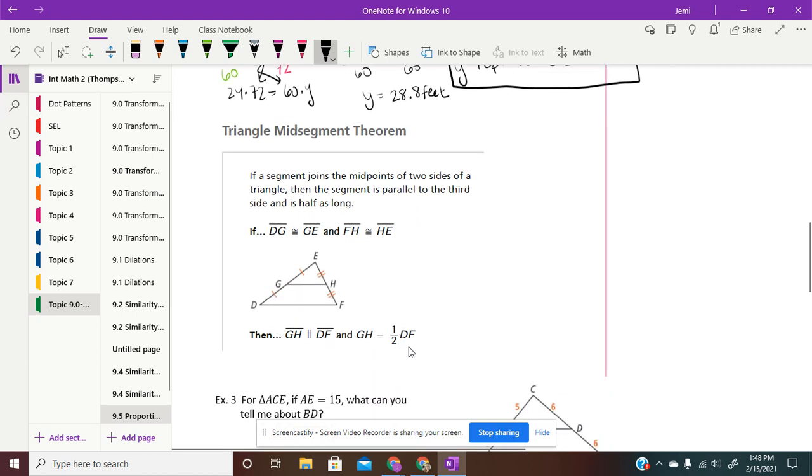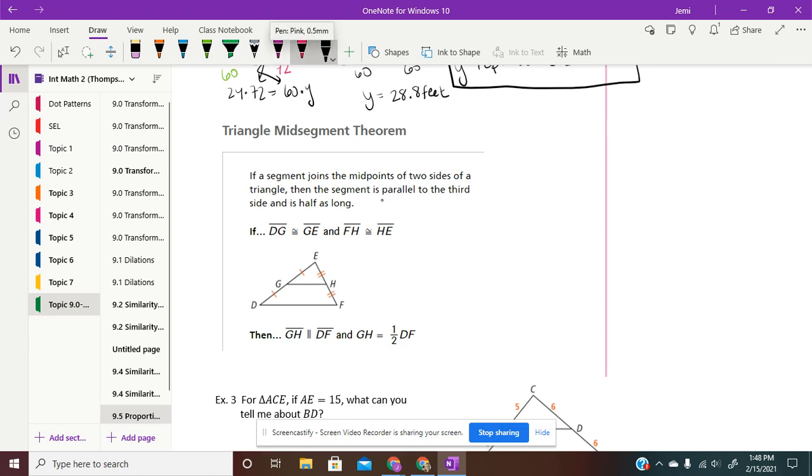Triangle midsegment theorem. So reminder, a midsegment is a line segment that connects two midpoints of sides of the triangle. So if a segment joins the midpoints of two sides of a triangle, which is the definition of a midsegment, then the segment is parallel to the third side and is half as long.